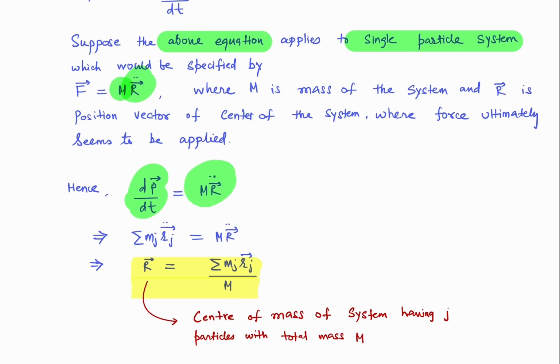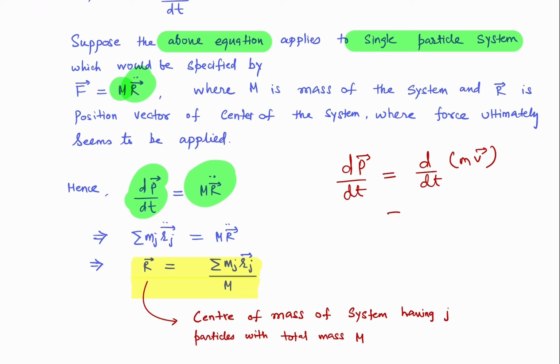We know it from the fact that the rate of change of momentum could be written as d by dt of mv.